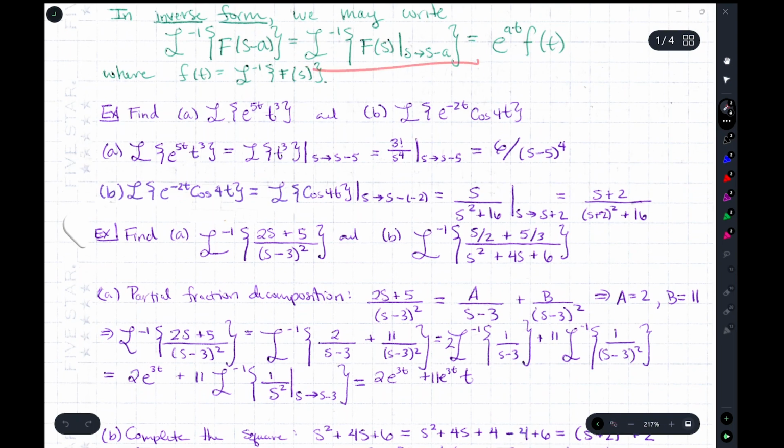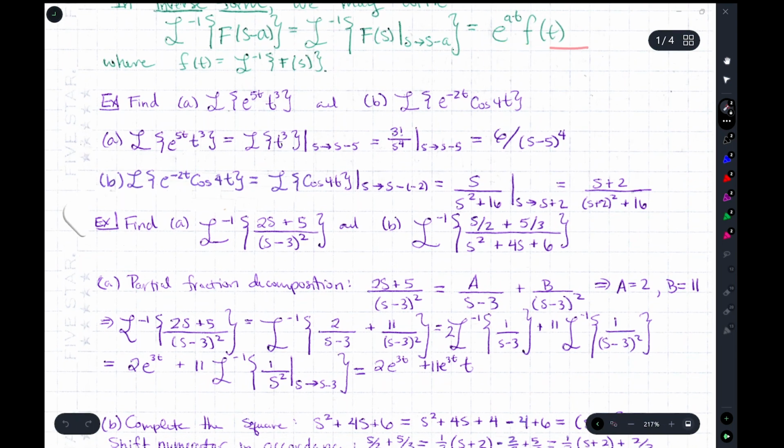Here it is in this form, and so we just apply that, and we'll get that our final inverse Laplace transform is this over here, which was straightforward, and this over here, which is 11 e to the 3t times t, okay, because the inverse Laplace transform of 1 over s squared is just t, and we have this e to the 3t due to the translation.